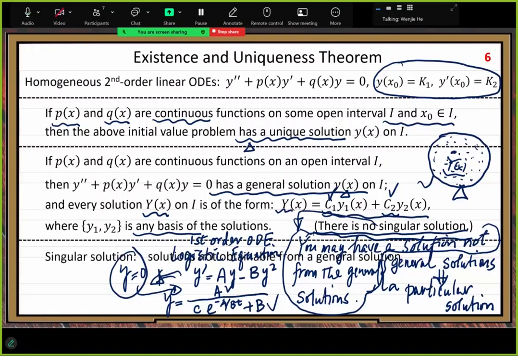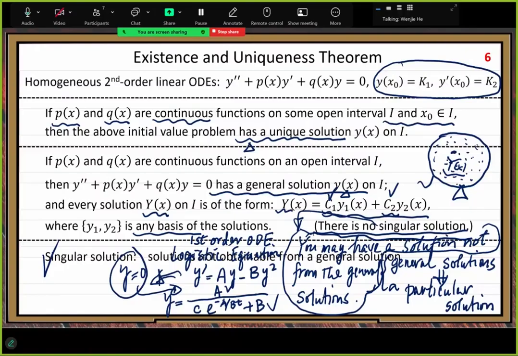Here I just remind you the meaning of the singular solution. Although the main work for this course is to do calculation to solve real-world application problems, you need to have some theoretical background, because this theorem is important.